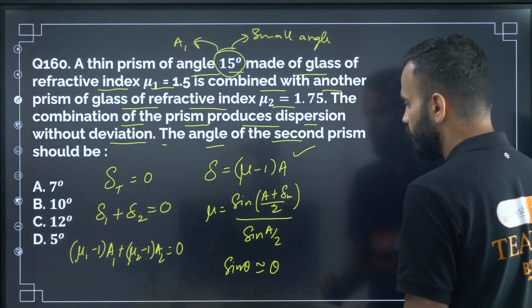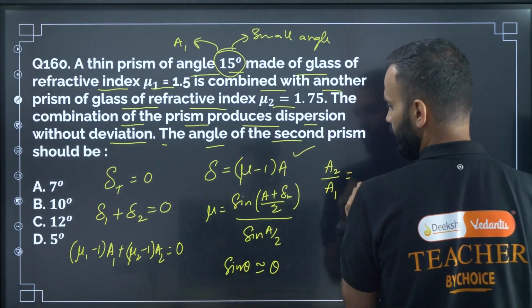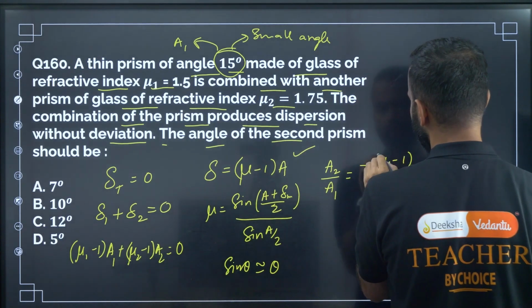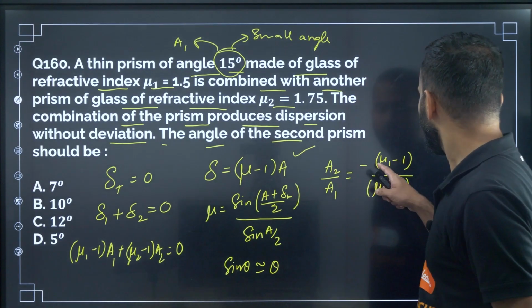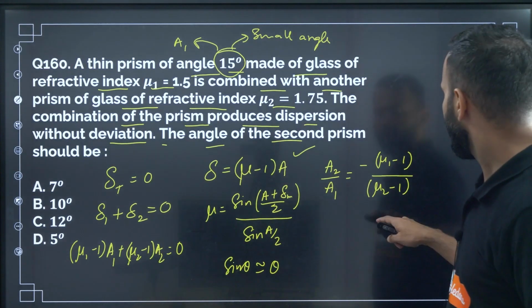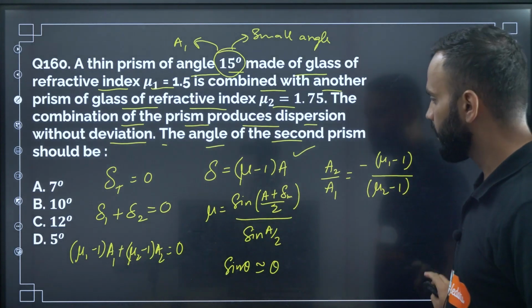Now A2 divided by A1 is equal to minus of mu1 minus 1 divided by mu2 minus 1.